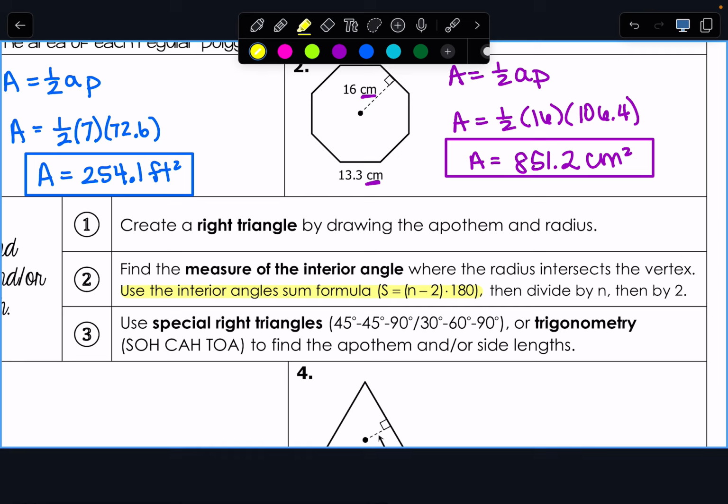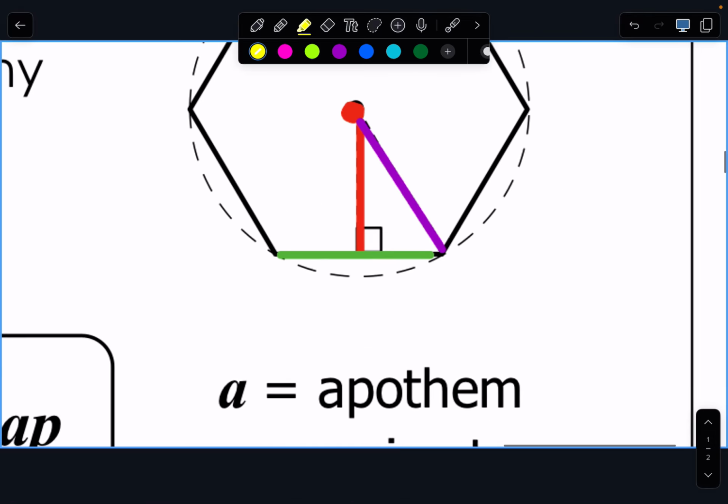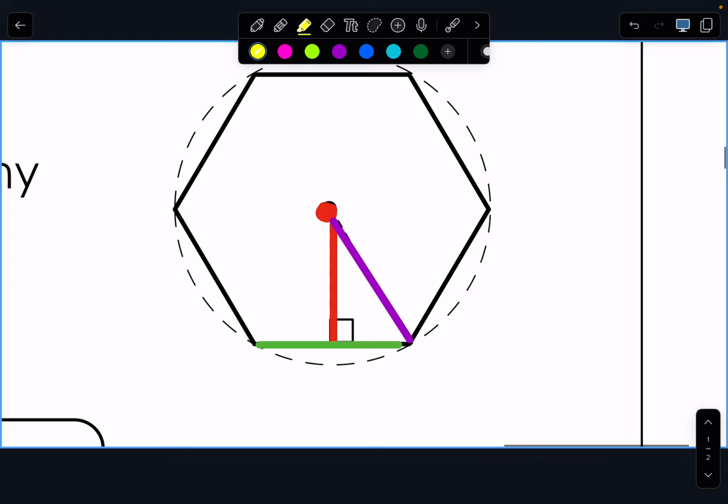Oh, I remember that. Yes. Okay, Aaron just pointed something out. This radius is going to split the angle into 2 equal pieces. It bisects it, okay? So that's going to help us know what that angle is.